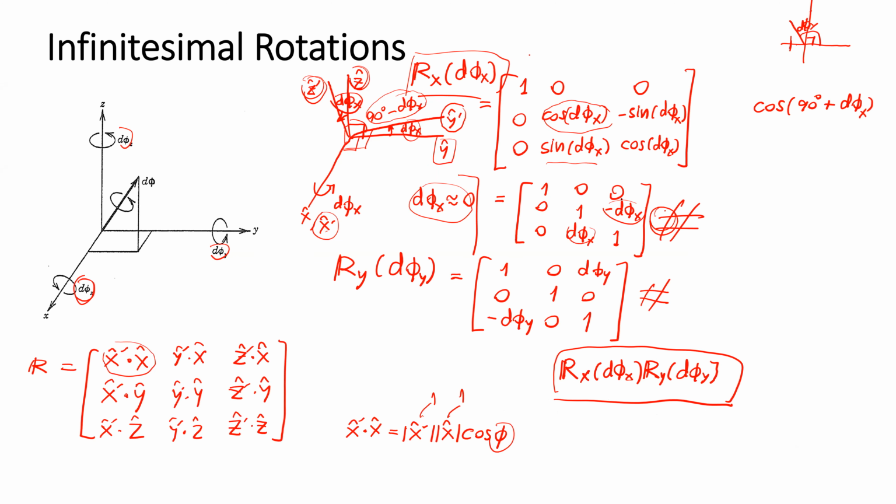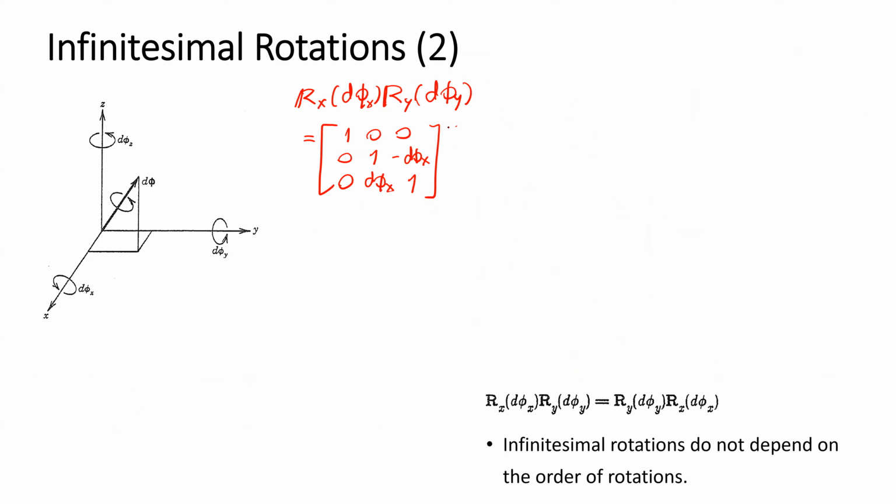And for y, we have 1, 0, d phi y, 0, 1, 0, minus d phi y, 0, 1. Okay, let's compute the product of the matrices.